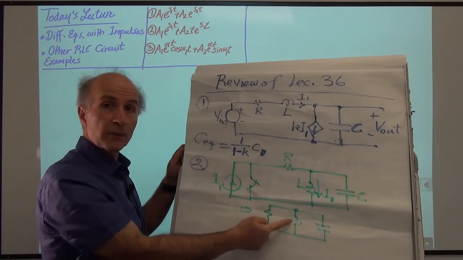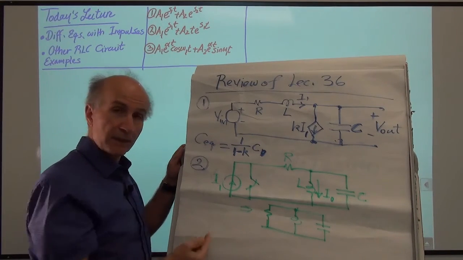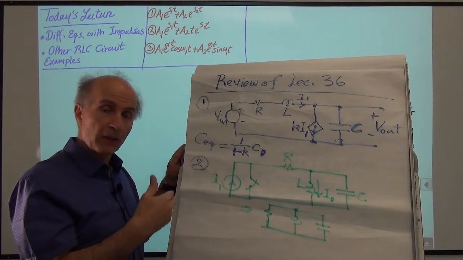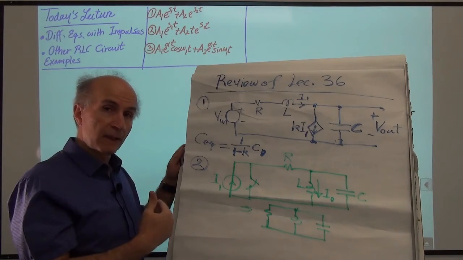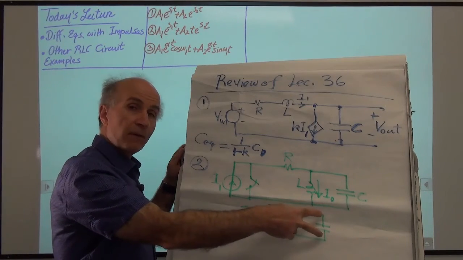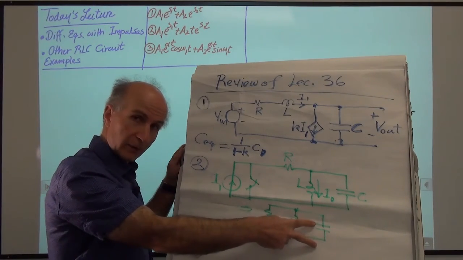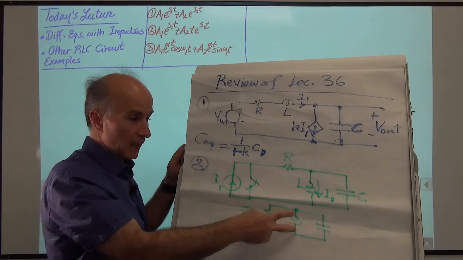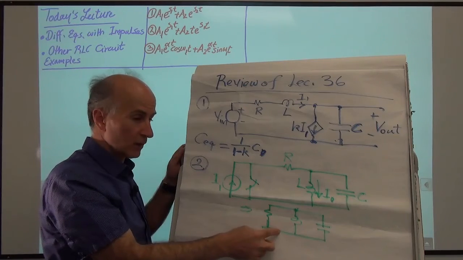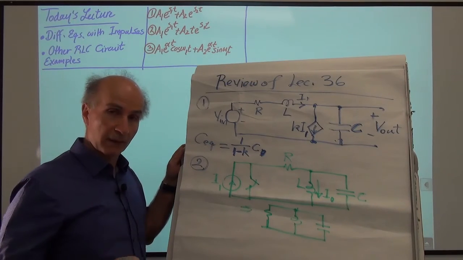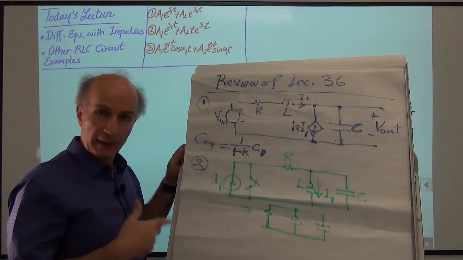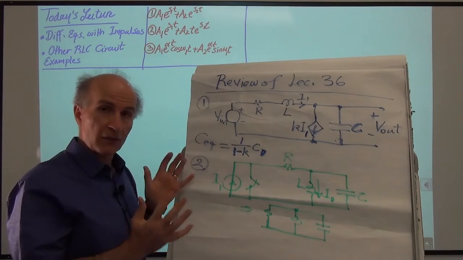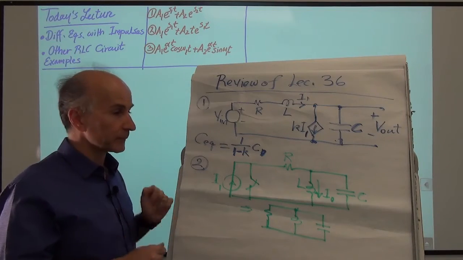So this looks like a simple parallel RLC combination, and it can be analyzed in the form that we did before. The only difference is previously we had assumed a finite initial condition on the capacitor and 0 in the inductor. Now it's the other way around. We have a certain current in the inductor, but a 0 volt difference across the capacitor. But the analysis is similar. The differential equation doesn't change, it's just that the initial conditions have changed.